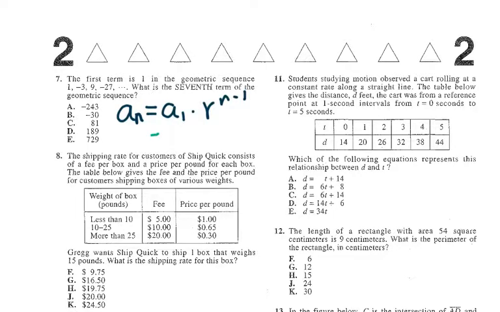So basically, you just plug in, and we know the ratio is negative 3 because negative 3 over 1 is negative 3. So 1 times negative 3, for the 7th, that means 7 minus 1, you will get the 6th power. Therefore, your answer will be E.